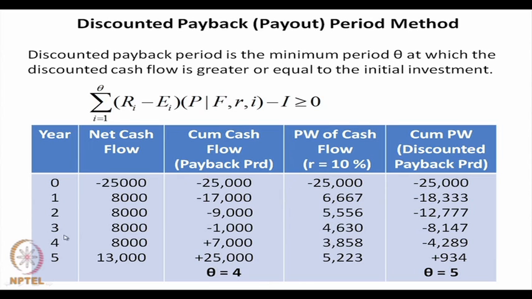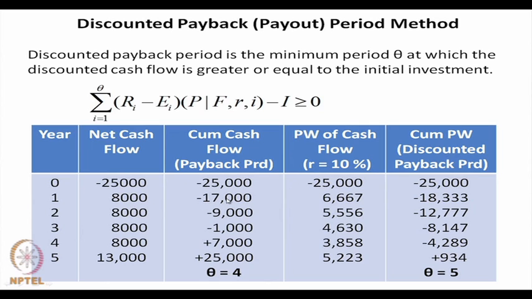Now, this is shown here. Let us say that the initial investment is 25,000 and the net cash flow for the project for 5 years is 8,000, 8,000, 8,000, 8,000 and 13,000. Now, considering only the payback period, the initial investment was 25,000 and we get back 8,000.